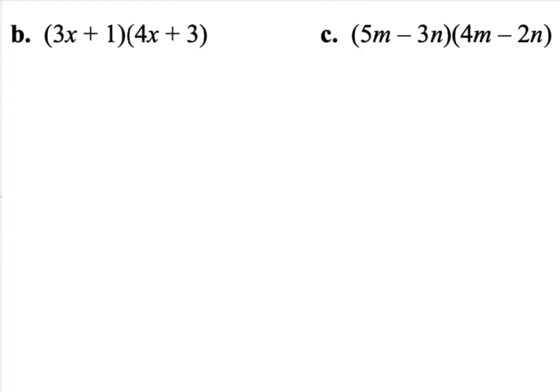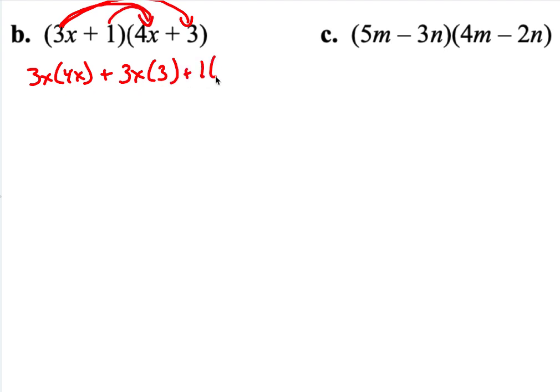All right, so same thing on the next couple. So 3x times 4x, then 3x times 3, then 1 times 4x, and 1 times 3. Okay? If it helps you to write those out, go for it. If not, feel free to kind of do it as you go along.